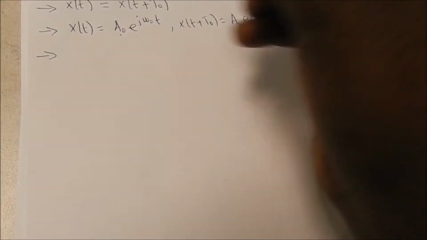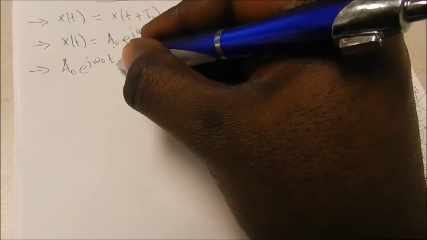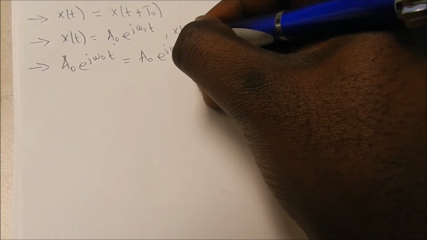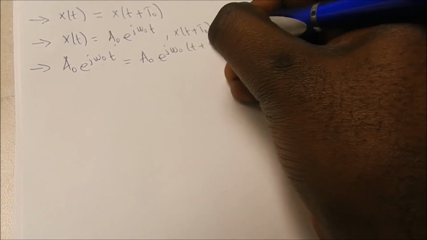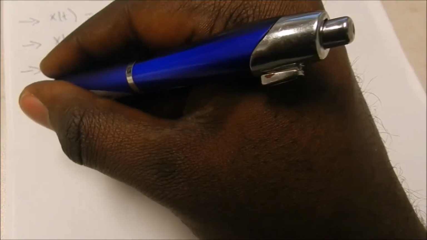So we set these two equal to each other. We have a naught e to the j omega naught t is equal to a naught e to the j omega naught times t plus t naught. Now a naught and a naught cancel each other.